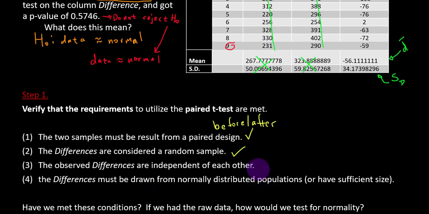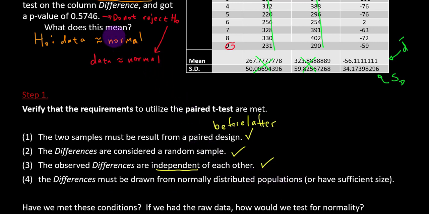Let's think about that. If you were one of these subjects in this study and you are getting your peak expiratory flow rate measured before and after a walk, is how you are breathing going to have any influence or dependency upon how someone else is breathing? Probably not. So I think that's a fair assumption to make. And lastly, the differences must be drawn from a normally distributed population.